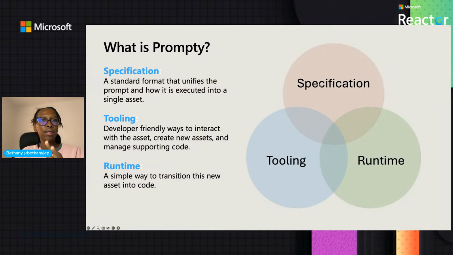Once you create your asset, it's very easy to convert it to any language that you want. It currently supports Python and C#, or the frameworks LangChain or Semantic Kernel. And then the tooling is the extension, where once you have it installed, you can use it to ease your work, right?